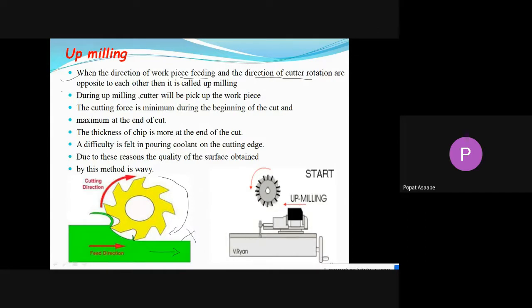Then another point in up milling is the cutting force. The cutting force will be minimum at the beginning.